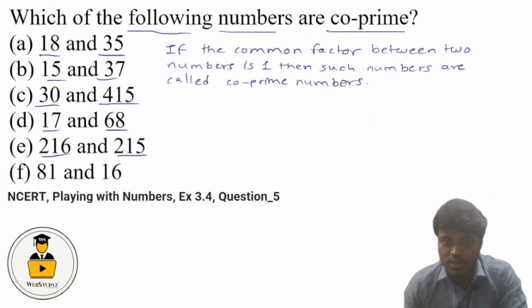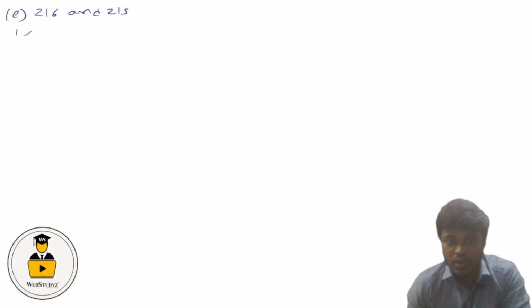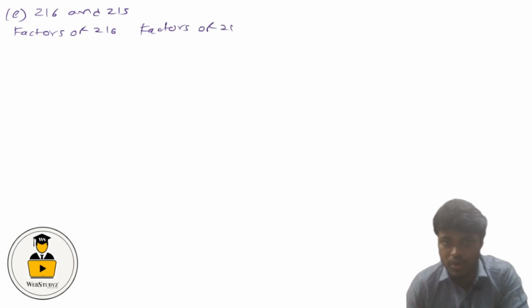So we have 216 and 215. Let us find out the factors of 216 and the factors of 215. The factors of 216 are 1 into 216, then 2 into 108 will give us 216.